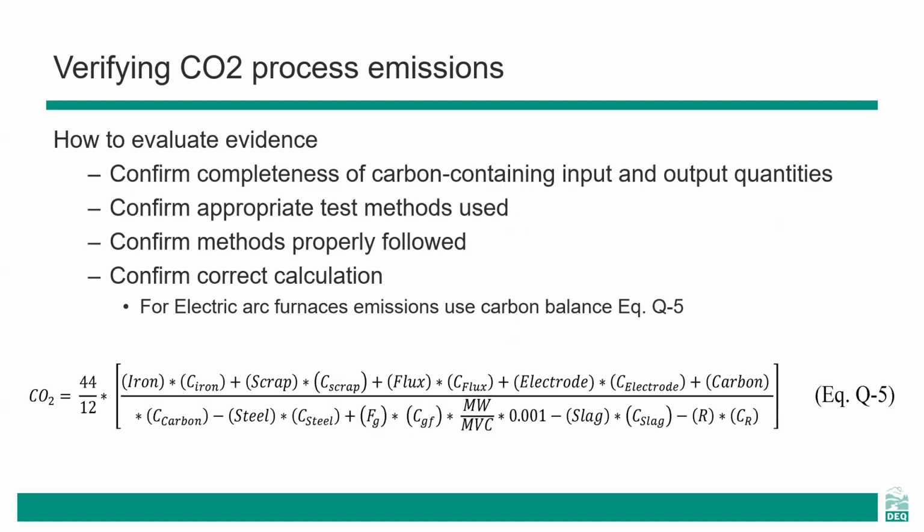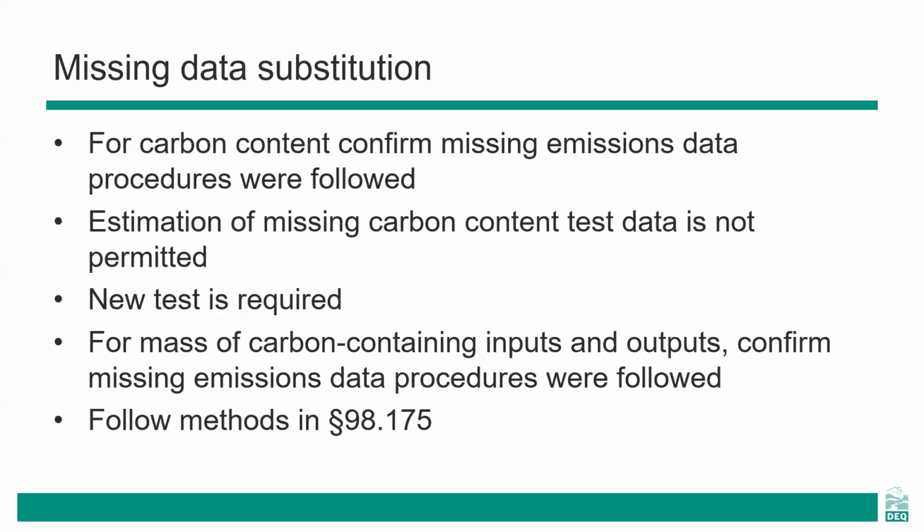There are many variables in equation Q5. All variables input into the equation should be verified to be accurate and complete. The carbon content data must be measured or supplier provided and cannot be estimated.